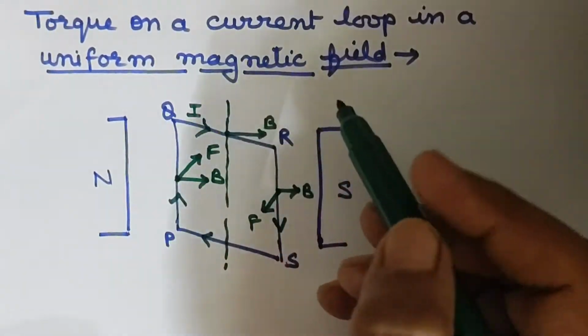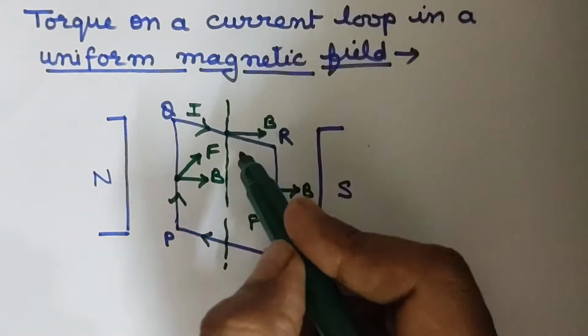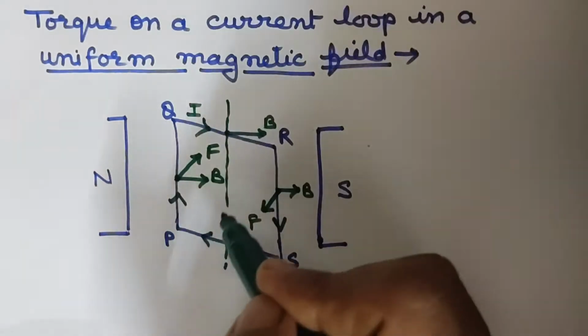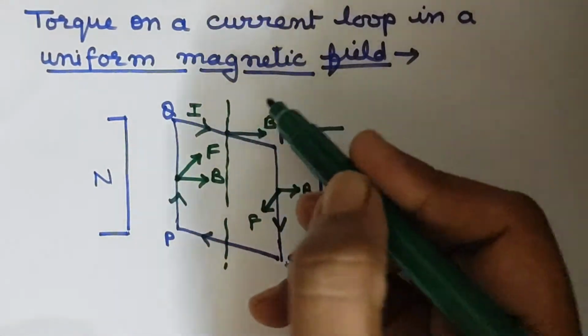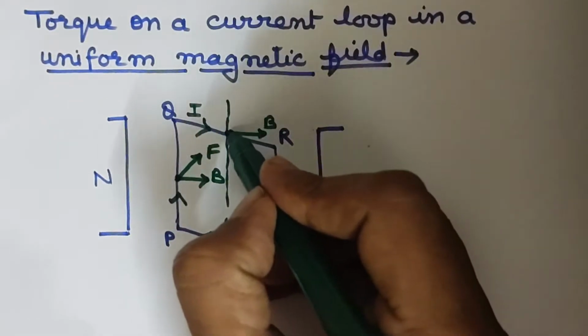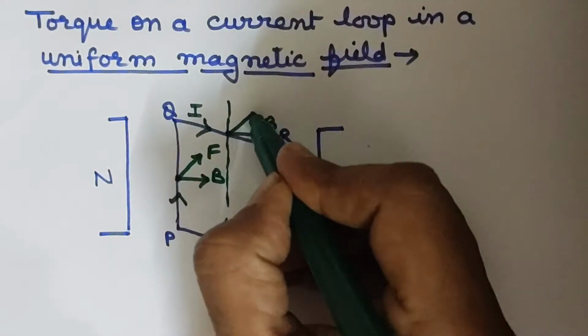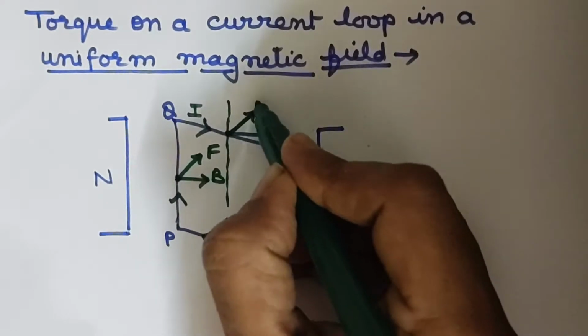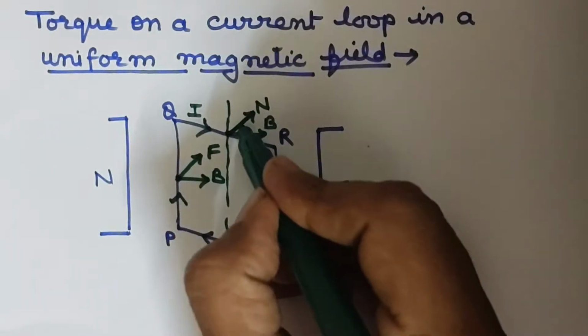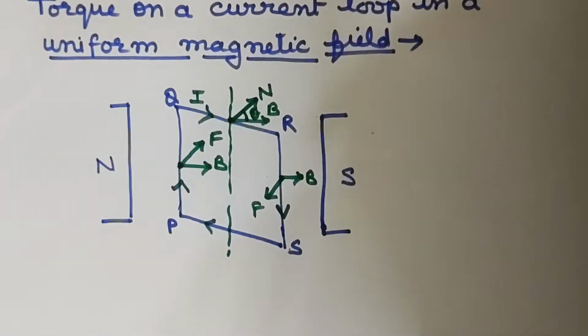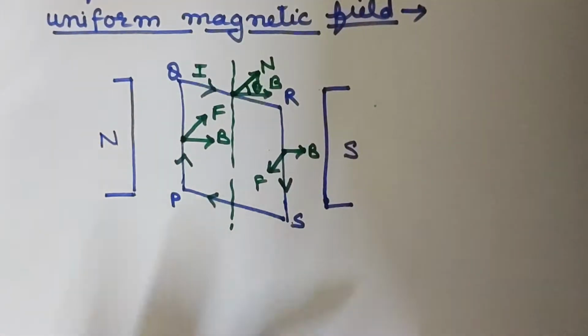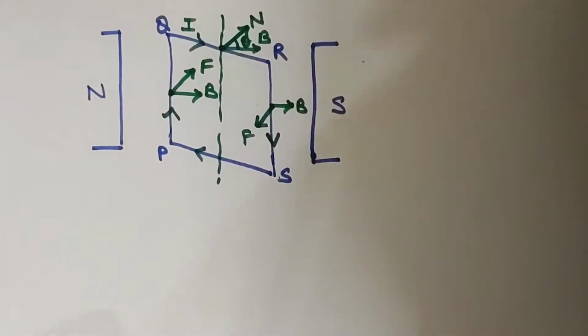Now this is a coil, so the area vector we can represent by drawing a normal here, and the normal makes an angle theta with the magnetic field. Now we can draw the diagram again.